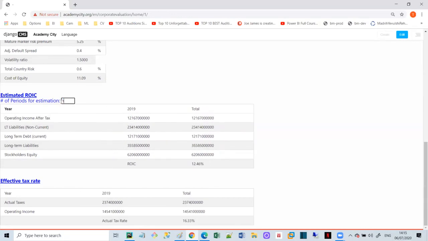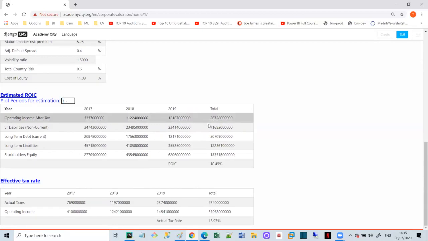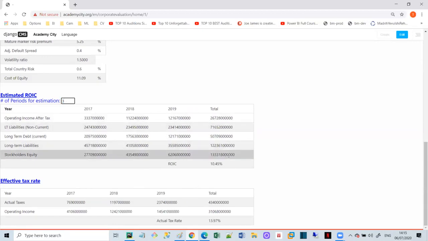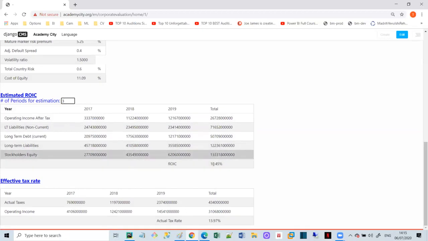If you take 2 years, it's a little higher. You take 3 years, it's quite stable around 11, 12%, something like that. In a minute we'll see how sensitive our valuation is to those numbers. But I can say if I use something between 9.5 and 12, I'm probably doing okay.